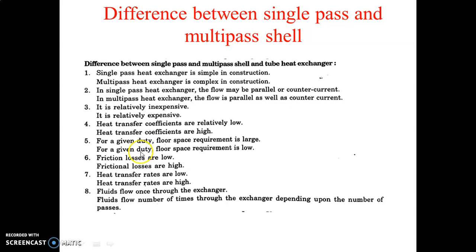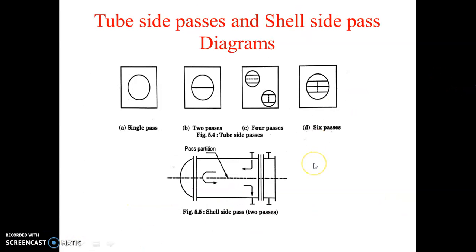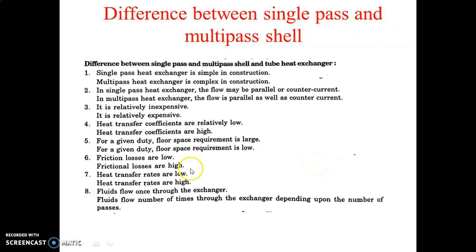In a single pass heat exchanger, the fluid flows once through the heat exchanger, and in a multi-pass shell and tube heat exchanger, the fluid may flow one time, two times, three times, four times, depending upon the number of passes.